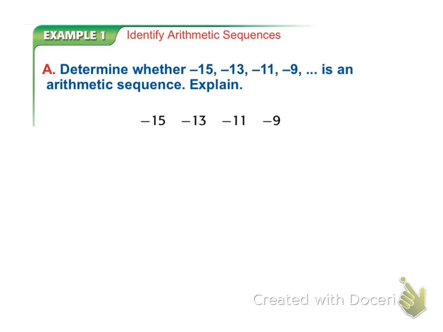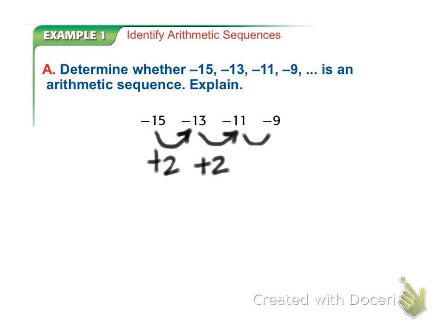We're going to take a pattern and decide if it's an arithmetic sequence or not. Basically, all you have to do is go through and find the pattern. If we go from negative 15 to negative 13, that is plus 2. From negative 13 to negative 11, that is plus 2.